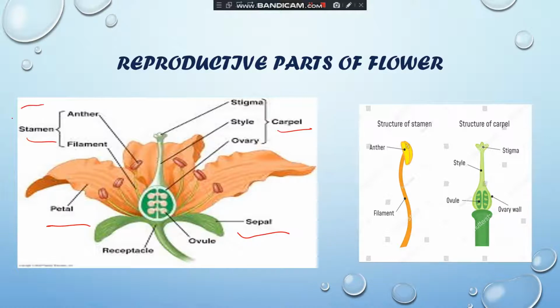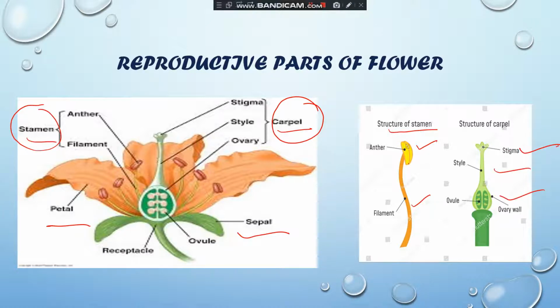But the reproductive parts of the flower are stamen and carpel. Stamen is the male reproductive part, and it is divided into two main parts, anther and filament. And pistil or carpel is the female reproductive part of the flower, and it is divided into three parts: stigma, style and ovary.